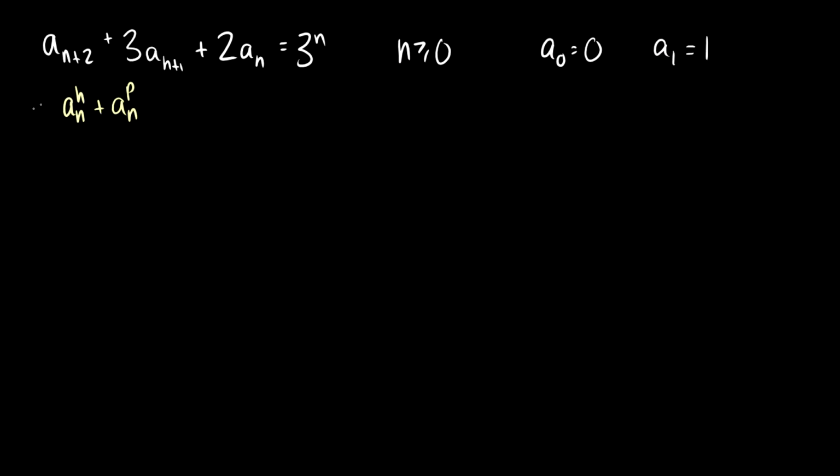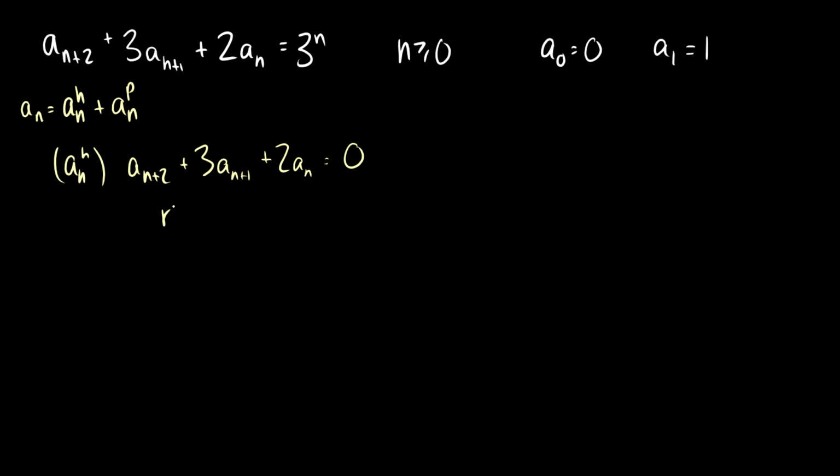So a_n is equal to the homogeneous plus the particular. So let's do a_n^(h). We have a_{n+2} + 3a_{n+1} + 2a_n = 0.